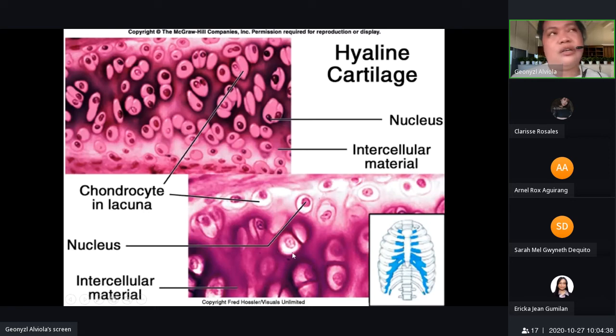So, they look like encapsulated cells. Imagine encapsulated cells as cells inside a capsule. Next, where can they be found? They are located in the rib portion or near the attachment of the bone, the ends of long bones.